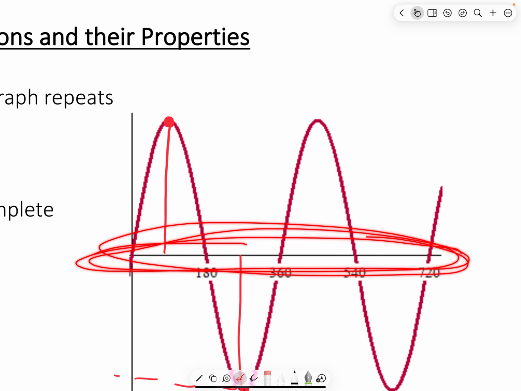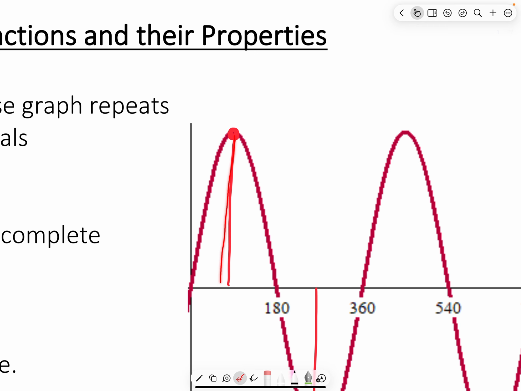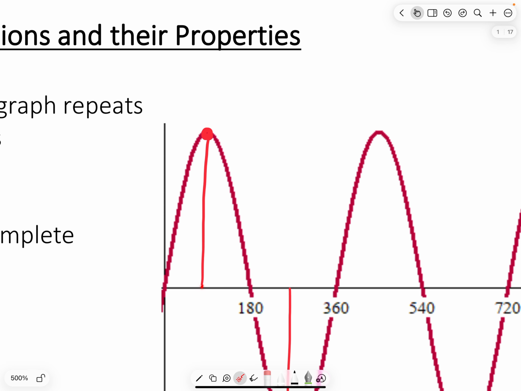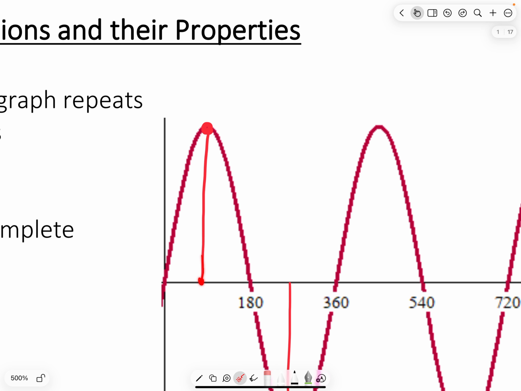The amplitude is going to be the absolute value of the distance from the axis of the curve all the way up to the maximum or minimum value.